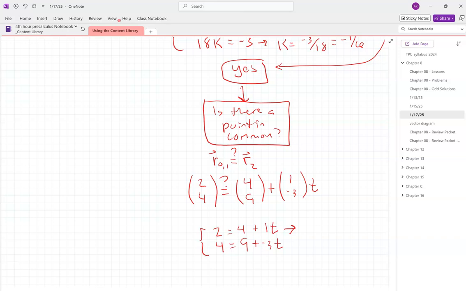So in the first equation, I subtract 4 from both sides, and I get t is equal to negative 2. In the second equation, I subtract 9 from both sides, and then divide by negative 3, and I get that t is equal to 5/3.